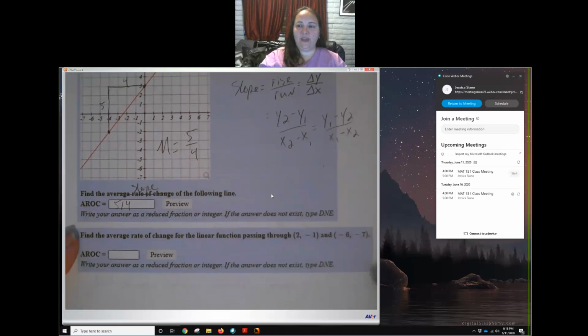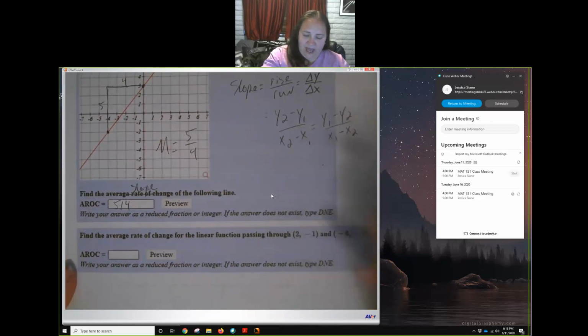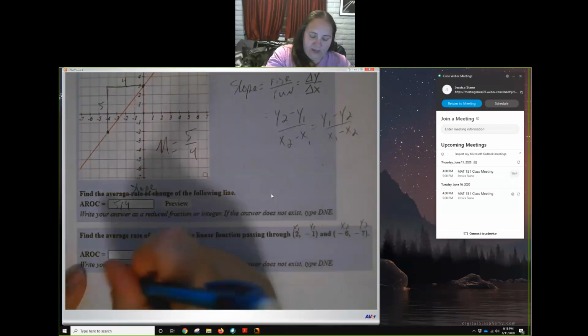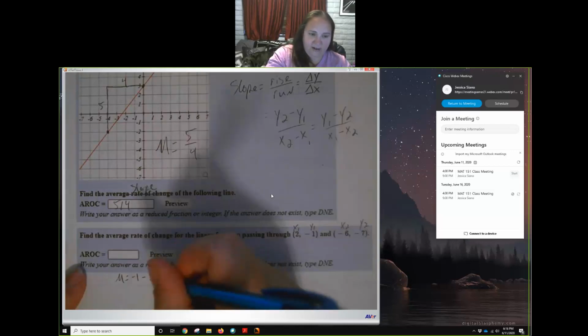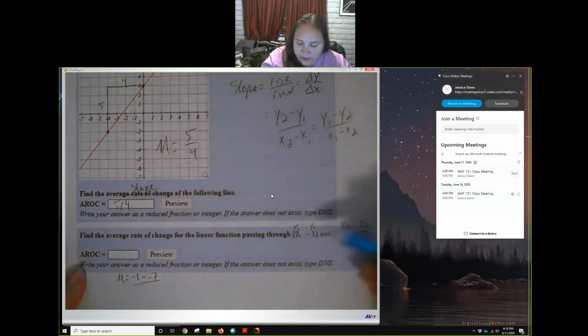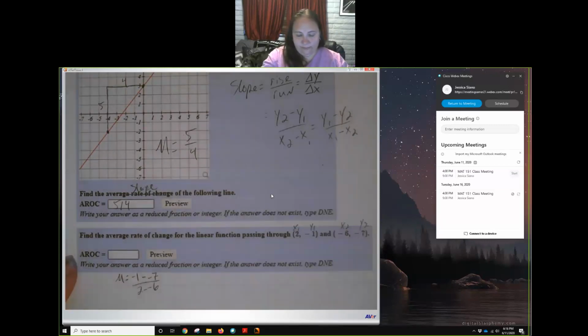So then we're going to do the same thing for the next question, only they've given us 2 points. So I'm going to use this equation for slope. I'm going to label them x1, y1, x2, y2. And then I'm going to find the slope. So the slope is -1 minus -7 over 2 minus -6. -1 minus -7, that's going to become +7.